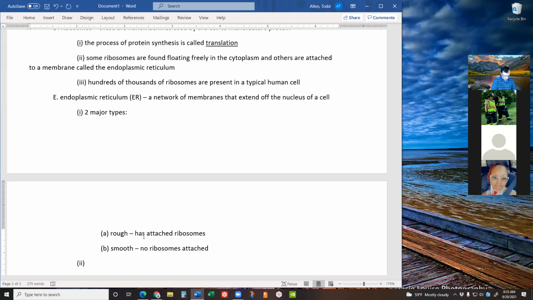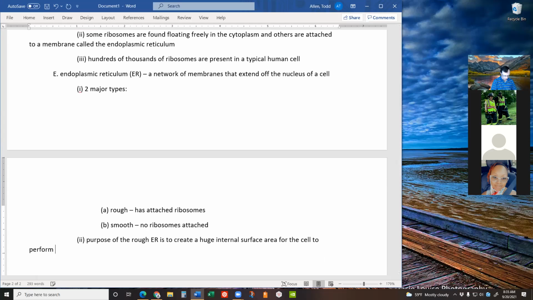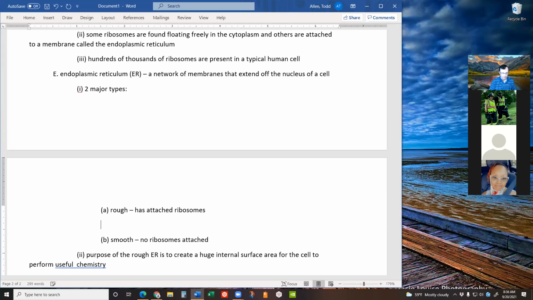So the purpose of the rough ER is to create a huge internal surface area for the cell to perform meaningful, meaning useful, chemistry. Let me give you an example. Obviously the rough ER has ribosomes. You can make proteins there. You already know that.